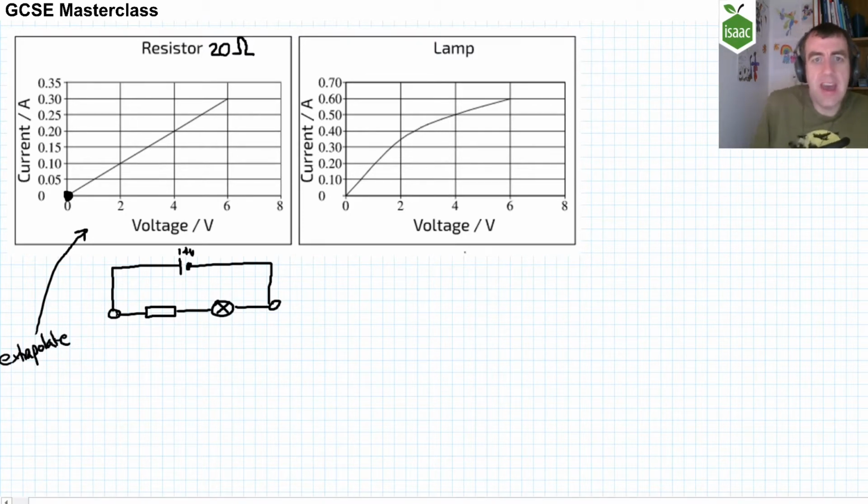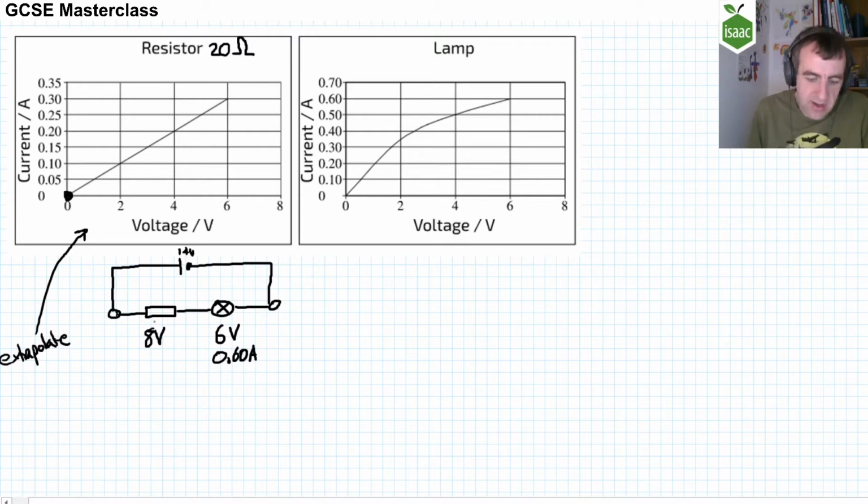What if we had 6 volts across the lamp? If we had 6 volts across the lamp, that means we would have to have 8 volts across the fixed resistor. We know that the current through each must be the same. So that means we're saying the current through the lamp must be 0.60 amperes. So is that going to be the current through the fixed resistor?